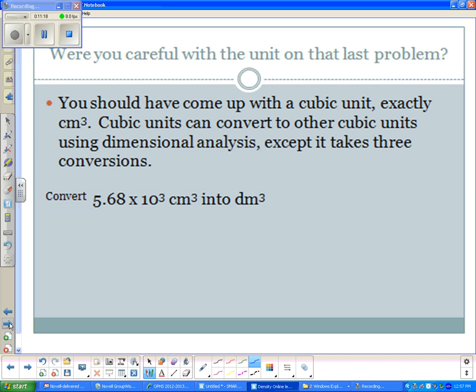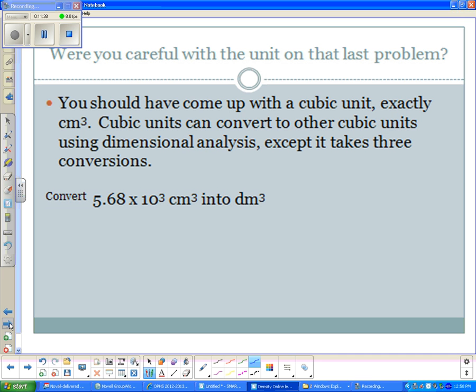Cubic units, just like the other units that we looked at, can convert to other cubic units using dimensional analysis just like we've done before, except it's going to take a little bit more to get there. We're going to have to do a few more conversions.